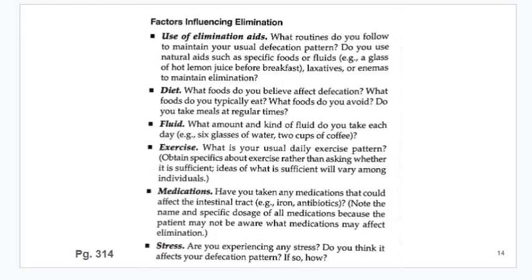Other examples are certain foods or fluids like hot lemon juice before breakfast, and the use of laxatives or enemas in order for us to eliminate stool.